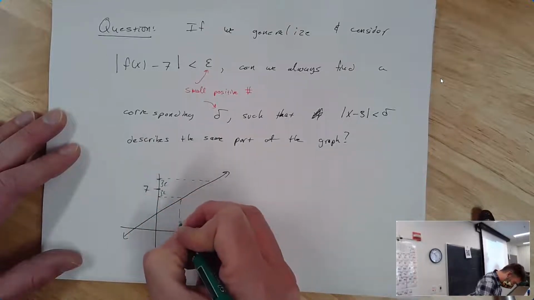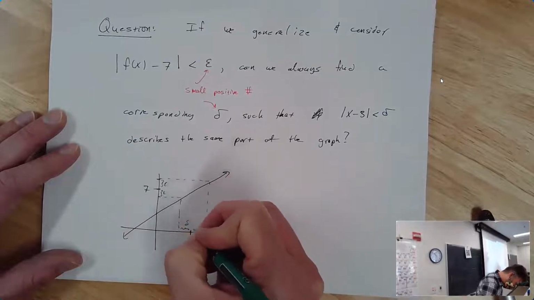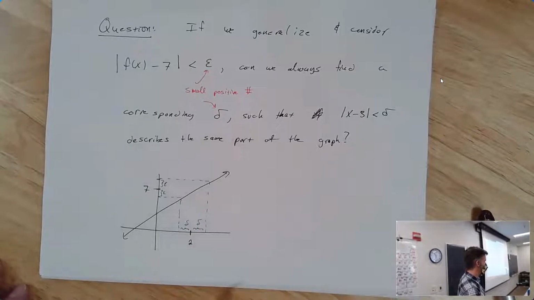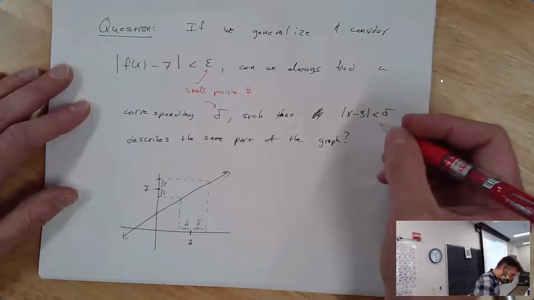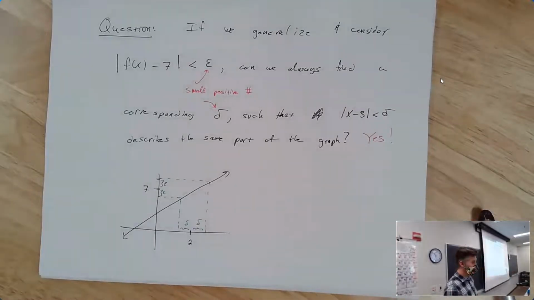Can we find delta so that x is within delta of 2? And the answer is definitely yes, a resounding yes. For this one, it's not terrible at all.